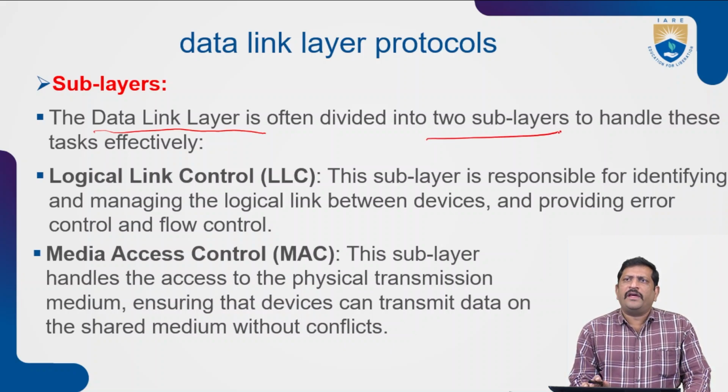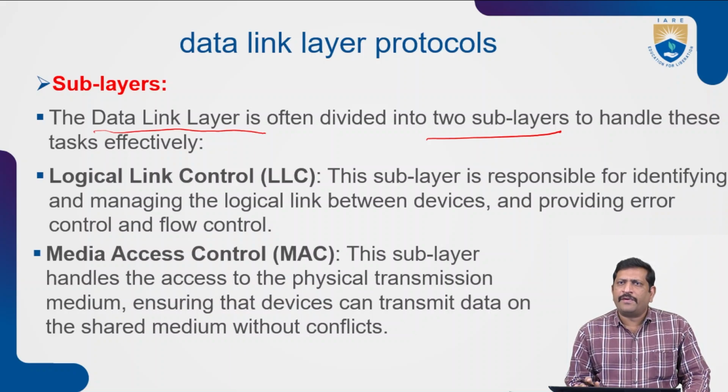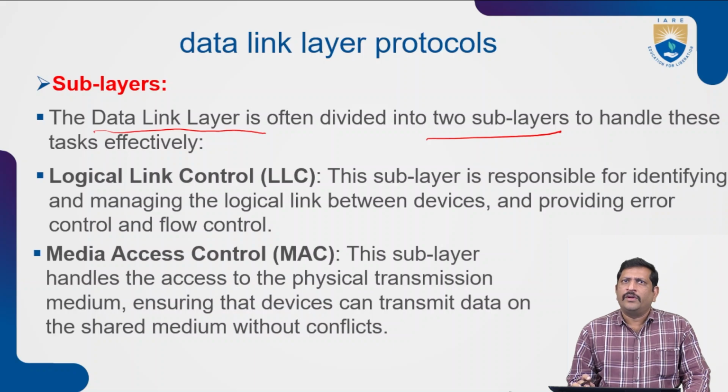With the help of these two sublayers, we can handle the data and perform the tasks effectively. The data communication can be done very efficiently from one device to another device, from one node to another node.